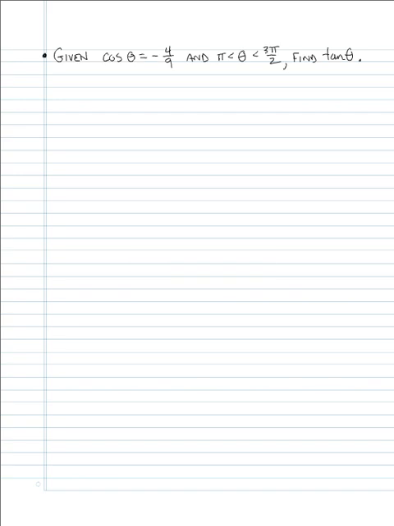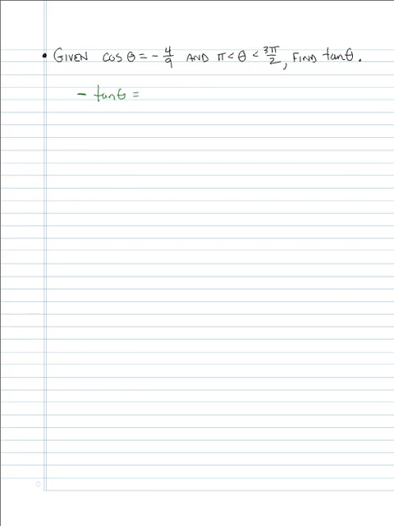Okay, as you can see here, another challenging one. Given the cosine of theta is negative 4 over 9, and that theta is between pi and 3 pi over 2, find the value of the tangent of theta. So let's make notes of what we need to do. We need to find the tangent of theta.